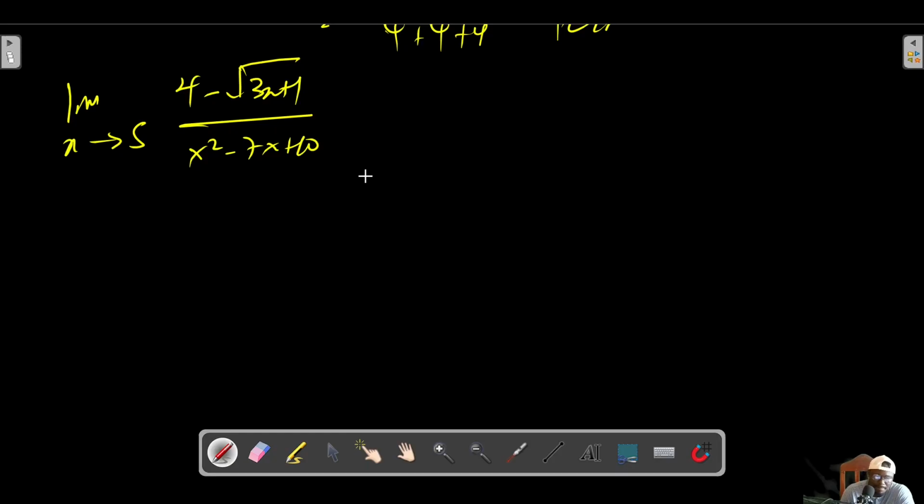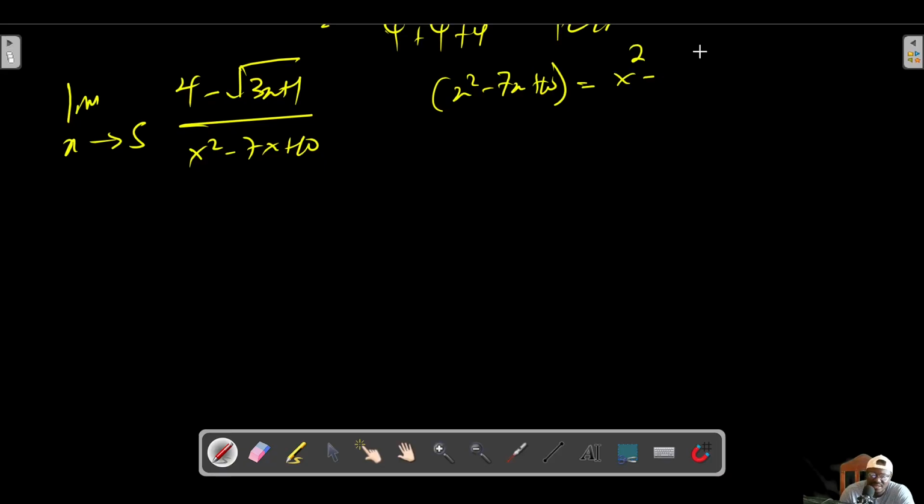So here, let us factorize this. x squared minus 7x plus 10: we need the factors of 10 that when multiplied give you 10, but when added give you negative 7.